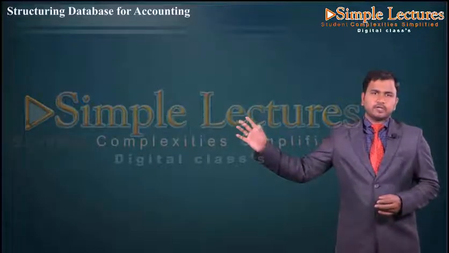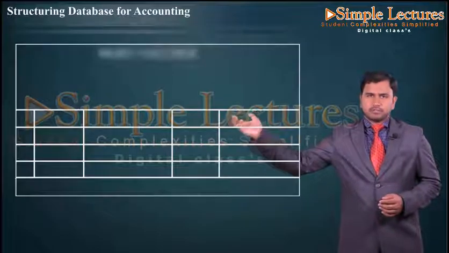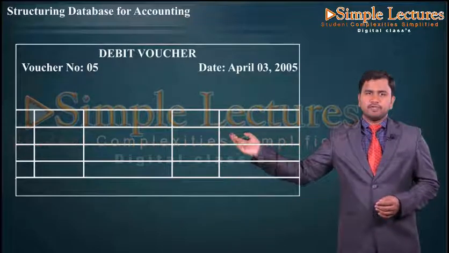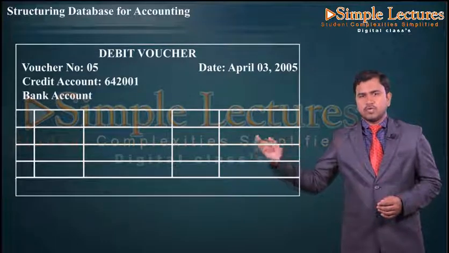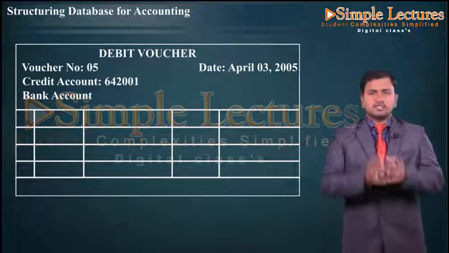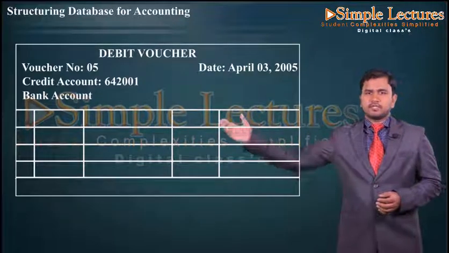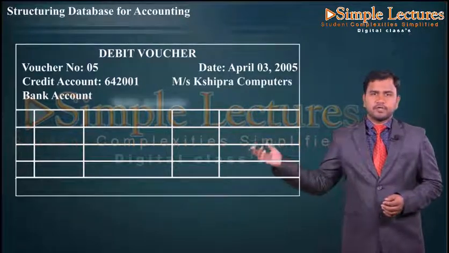The debit voucher will have the voucher number and date, and then we show the credit account along with the code. Let us consider the code as 642001, the bank account, for Shripa Computers, and then the debit account details.